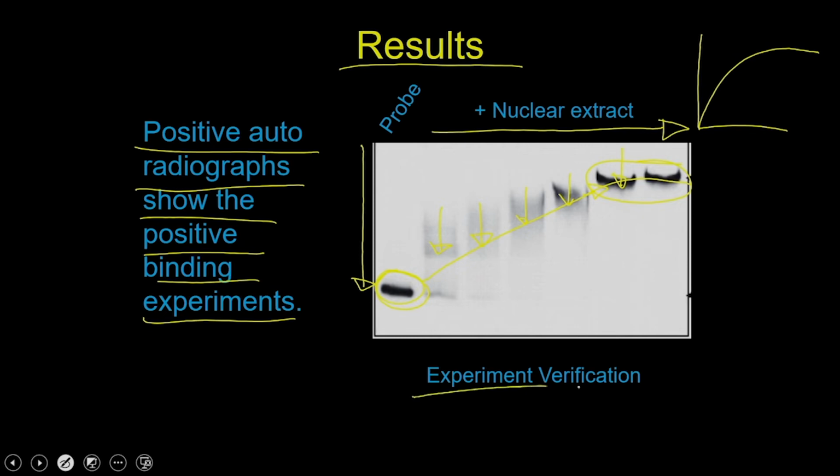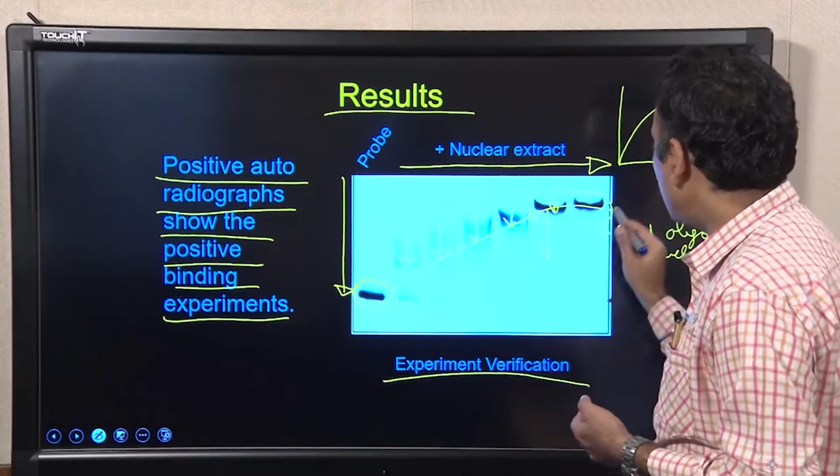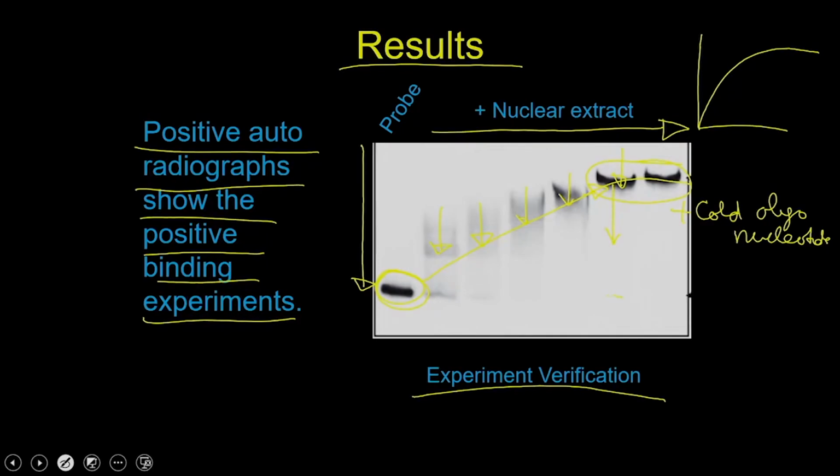Now, how can you verify this? You can verify this simply by adding the cold oligonucleotides. What will happen if you add the cold oligonucleotides? The cold oligonucleotide is going to compete with the protein bound here, and because of that it is going to release the bound, labeled oligonucleotide. So you will keep observing the band at the bottom.